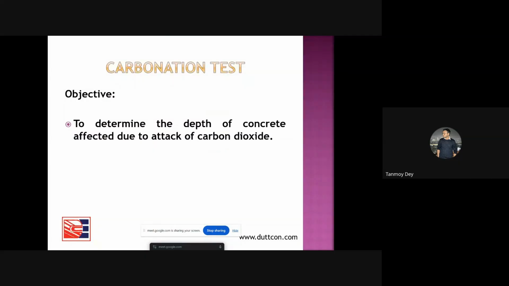Now the carbonation test: determine the depth of concrete affected due to attack of carbon dioxide. In the atmosphere, carbon dioxide is there, hydrochloric acid is there. In the mortar, in the concrete, what are you using? Cement. Cement is basic in nature.